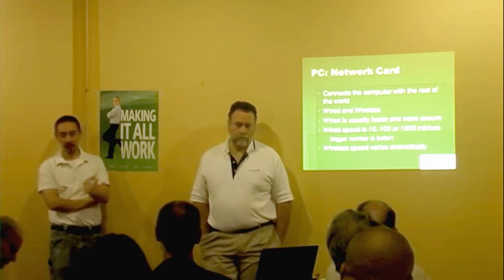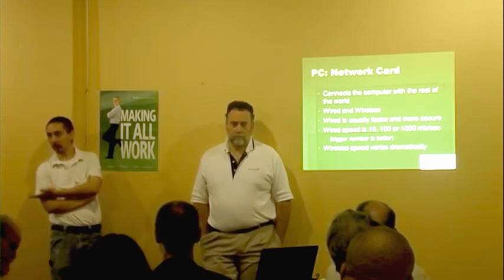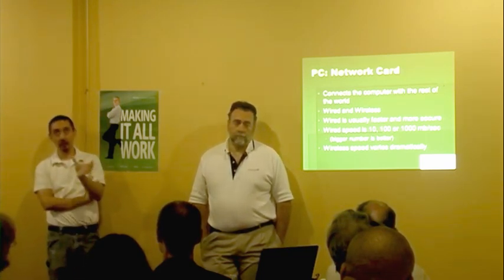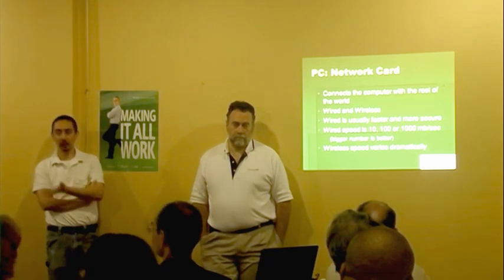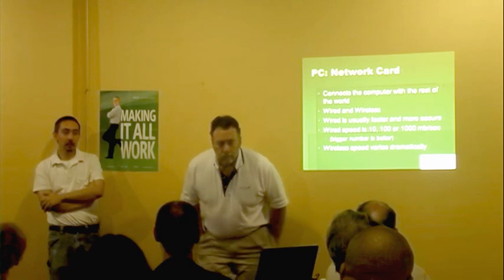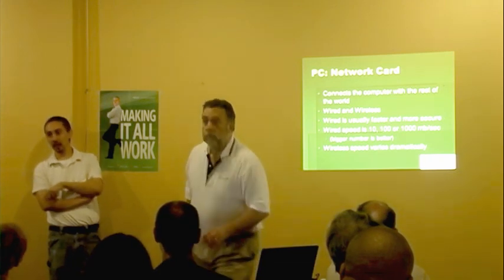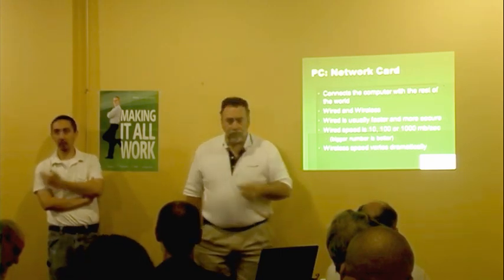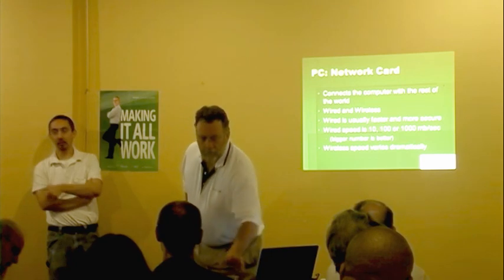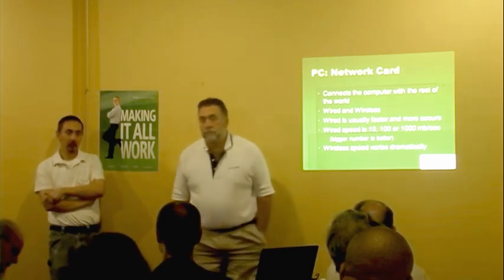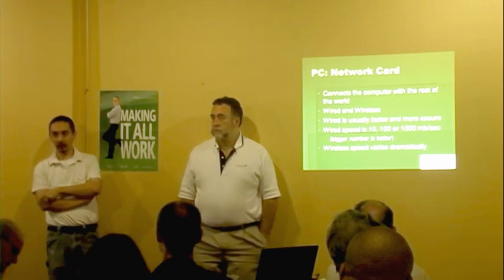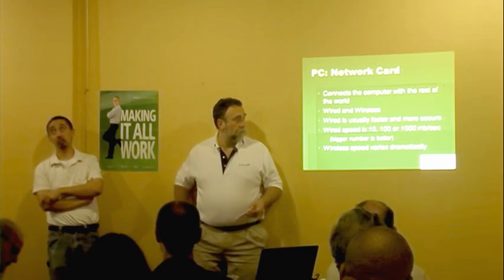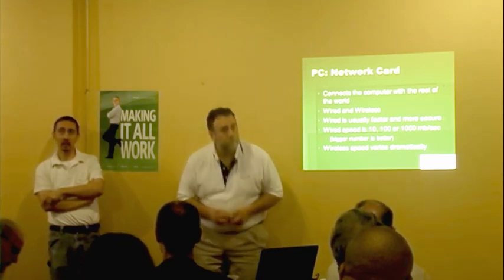And you might see the numbers 802.11 followed by a letter. 802.11 is the IEEE number for wireless. 802.11a signifies a 5 gigahertz up to 22 megabit wireless protocol. 802.11b is up to 12 megabit. 802.11g is up to 54 megabit, and 802.11n is 280, I think it is, something like that.